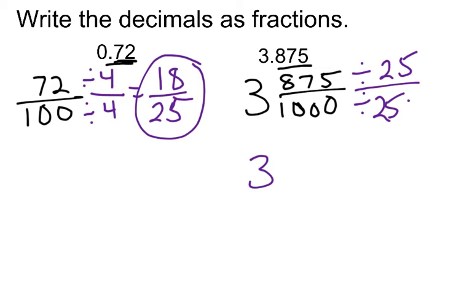well, 25 times 4 is 100, so 25 times 8 is 800. What I meant to say was times 4 times 8. And then 75 divided by 25 is 3. So that would give you 875 divided by 25 is 35.